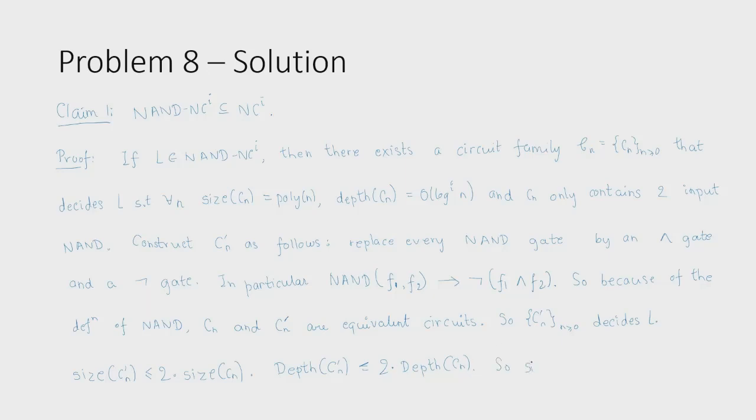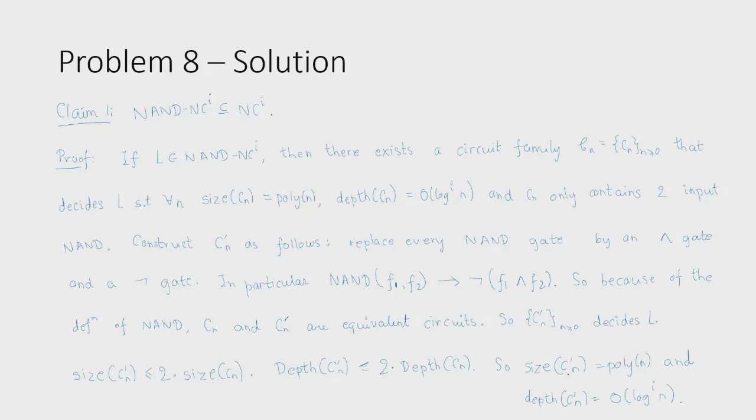So the size of C prime n is poly n, and the depth of C prime n is still order log to the i.